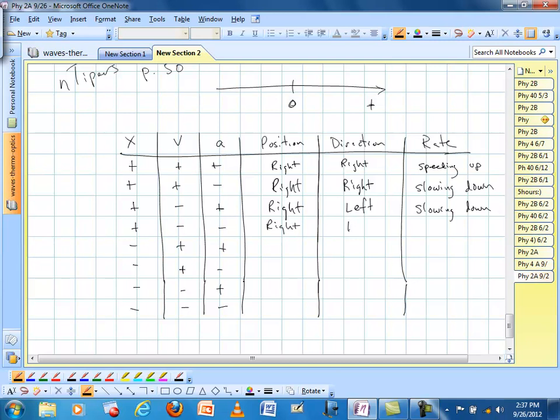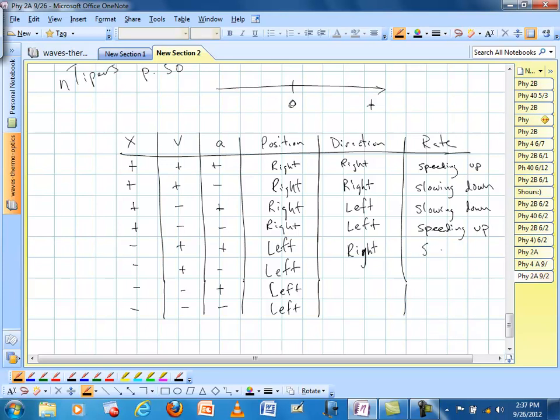It's moving to the left and speeding up. And these are all going to be left. What are these? Positive means it's going to the right.